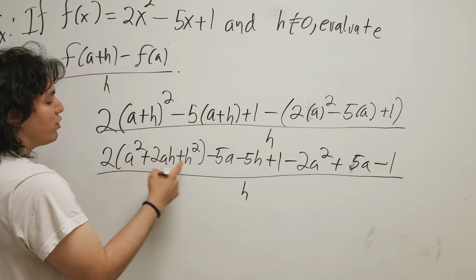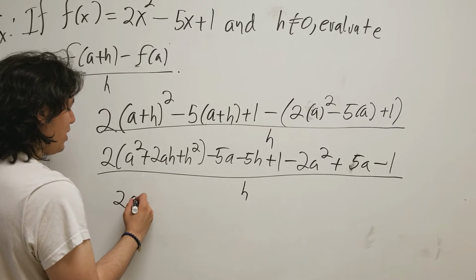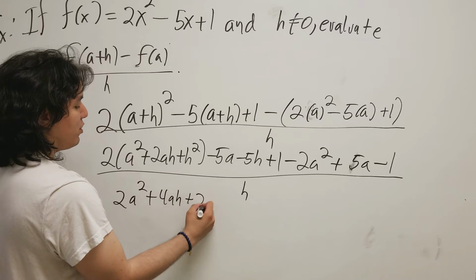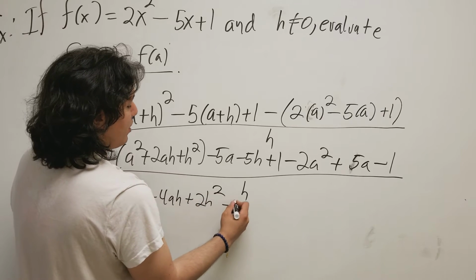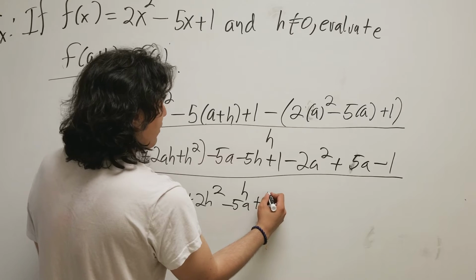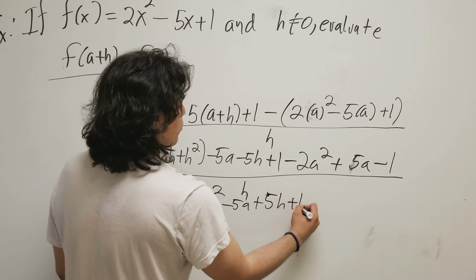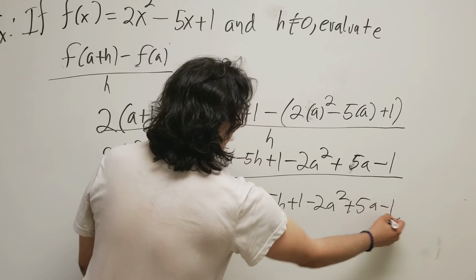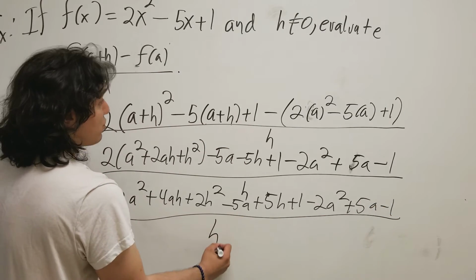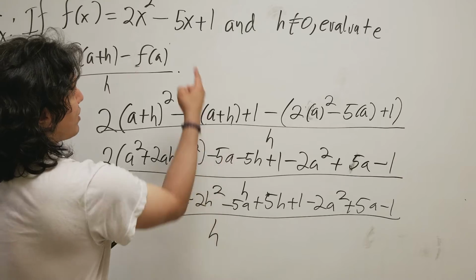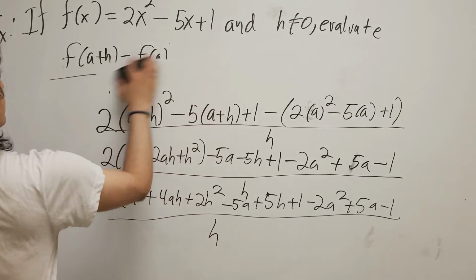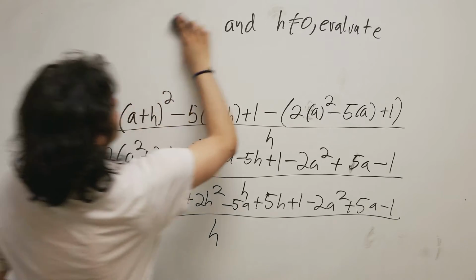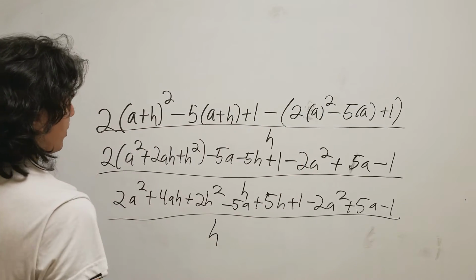So after we multiply, we get 2a squared plus 4ah plus 2h squared minus 5a minus 5h plus 1, minus 2a squared plus 5a minus 1, all over h. So we're going to go back on top.